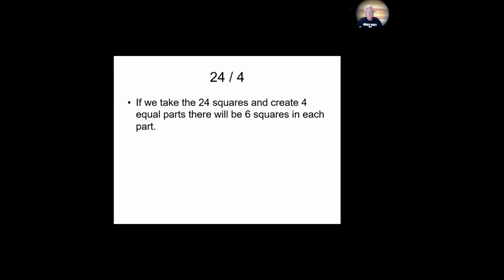They see the division symbol represented in a number of different ways, and as a result, it causes them to focus on the symbol, like Zoltan would say, symbol shock, rather than the creation of the equal groups. And that's what I want us to focus on, to create 4 equal parts. So we're going to take these 24 squares and create 4 equal parts.